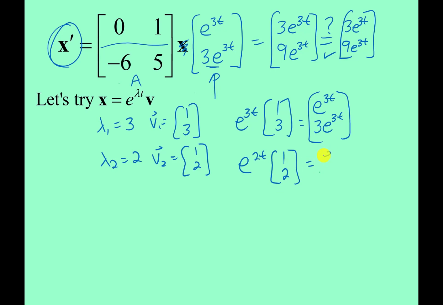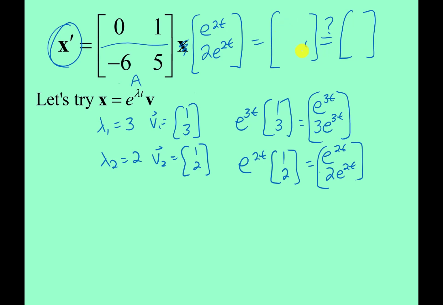And so that would be e to the 2t and 2e to the 2t. And so if we went back up here and we tried that for our x, this would be e to the 2t and 2e to the 2t. And when we do the multiplication, across the first row and down the column, 0 and e to the 2t.